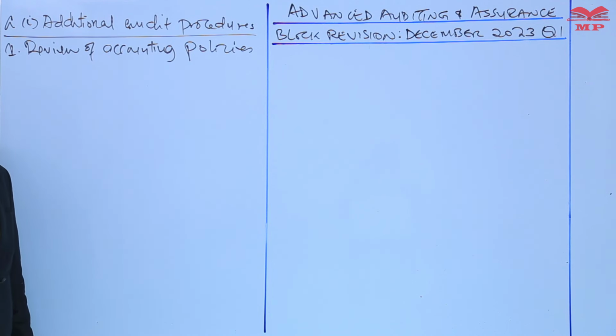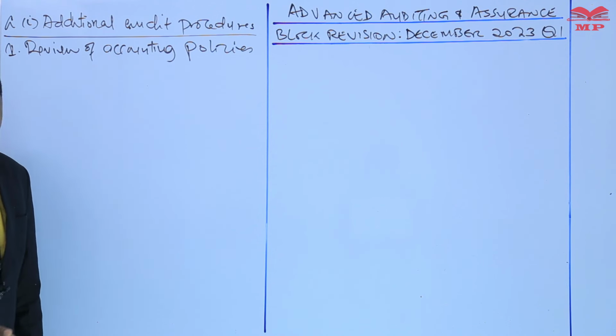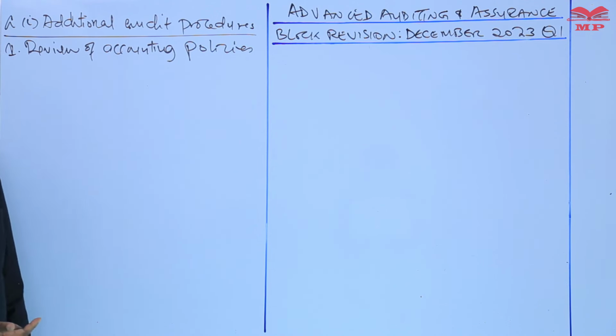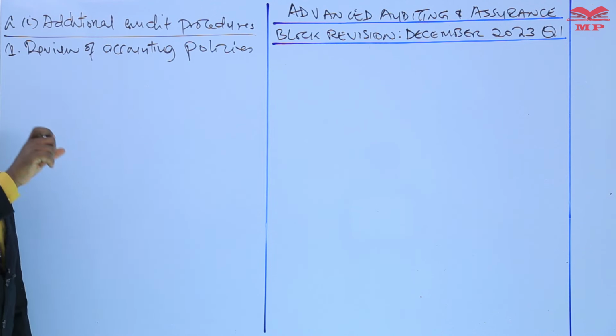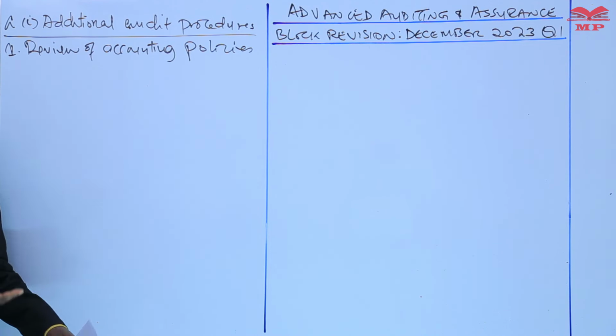So the auditors ought to review the accounting policies related to buildings. And in reviewing the accounting policies on buildings, the auditor should evaluate the consistency of the policies with respect to the treatment of the depreciation on buildings.